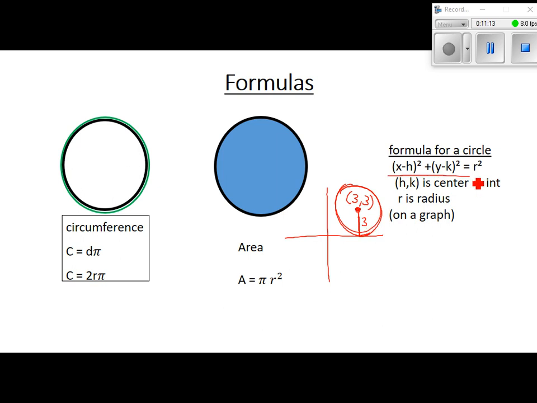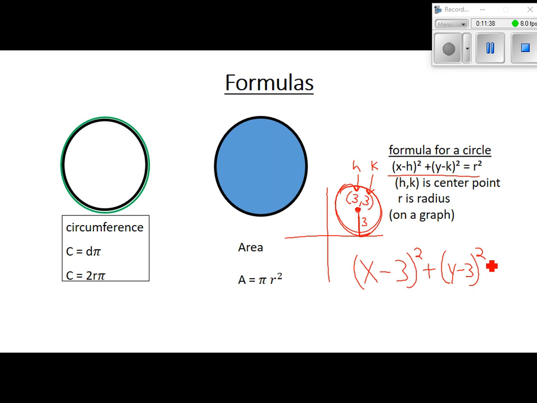Then when I write this equation, all it is x minus our x coordinate right here, that's your h. So x minus 3 squared plus, this is your k, y minus 3 squared. They're not always going to be 3, of course.